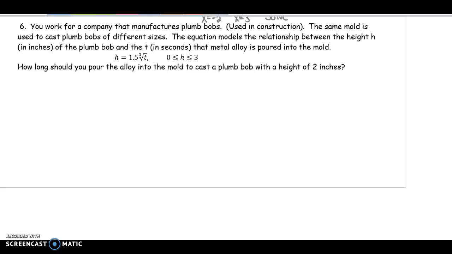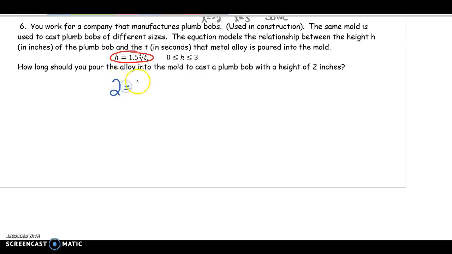The equation models the relationship between the height, h, of the Plumb Bob and the time t in seconds the metal alloy is poured into the mold. So here's the equation. How long should you pour the alloy into the mold to cast a Plumb Bob with a height of 2 inches?